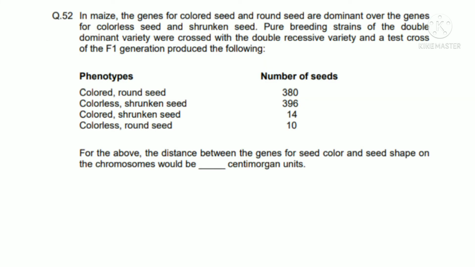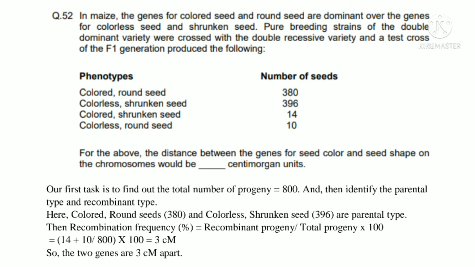Here in this problem, colored and round seed is dominant and colorless and shrunken seed is recessive. A pure double dominant variety is test crossed with an F1 generation plant and the results are provided in this figure. You have to calculate the distance between the seed color and seed shape genes.